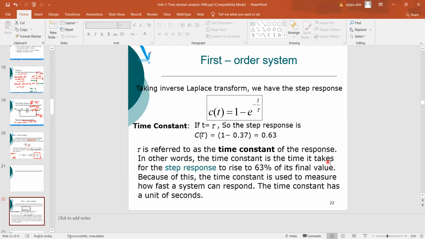The time constant is the time it takes for the step response to rise to 63% of its final value or maximum value. Because of this, the time constant is used to measure how fast your system is responding. And the time constant has the unit in seconds. This tau is in seconds. Okay, understood? Got my point?